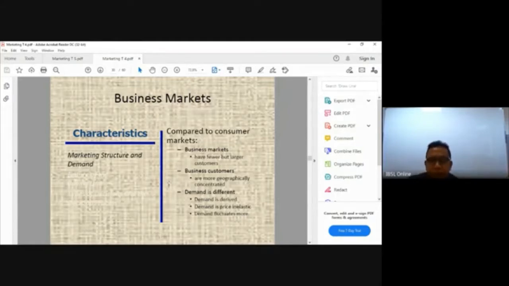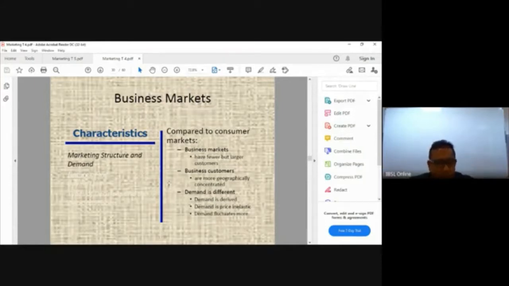There are buying centers or buying units, and decisions are taken in a more formal manner, but in individual buying, decisions are very informal. There are not many logical steps used.